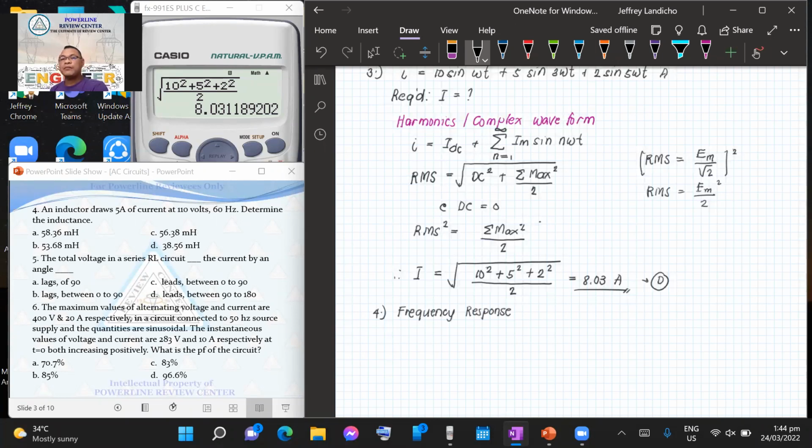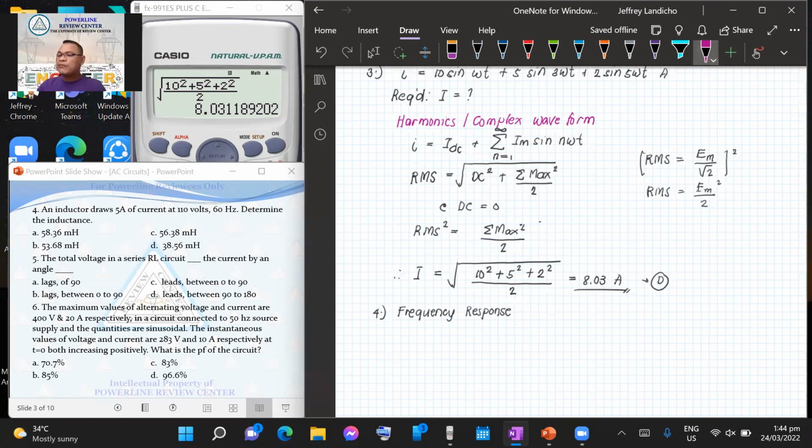Frequency response represents the behavior of our different electrical parameters when connected across an AC source. We only have three electrical parameters: resistance, inductance, and capacitance.